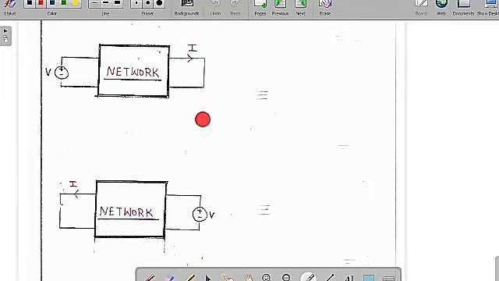Now the ratio of the response to excitation, which is I by V, is equal to I by V. So we can say clearly, if you interchange the position of the excitation and the response in a linear network without any dependent sources, the ratio is still constant. Then we say that it is called a reciprocal circuit.